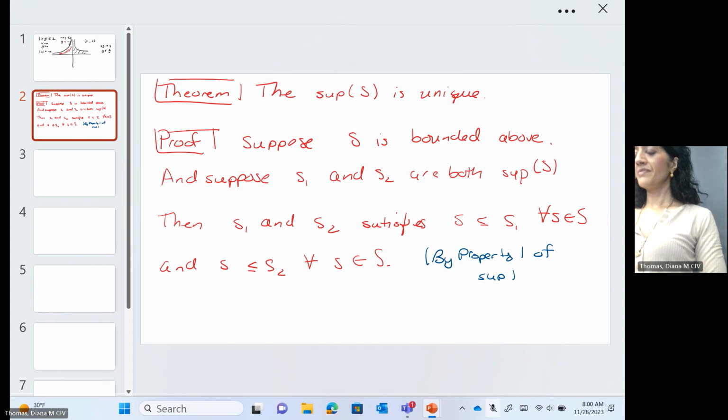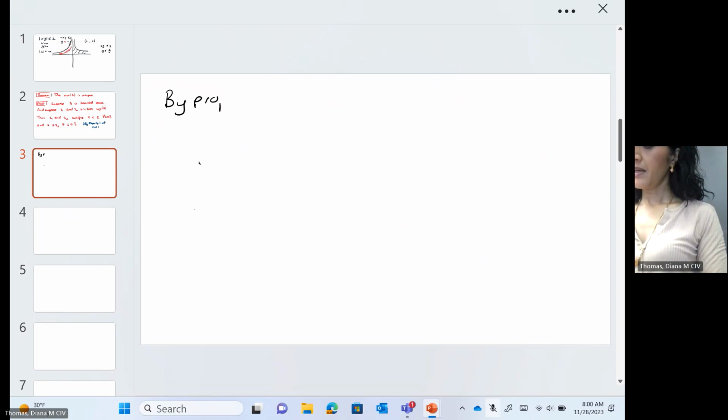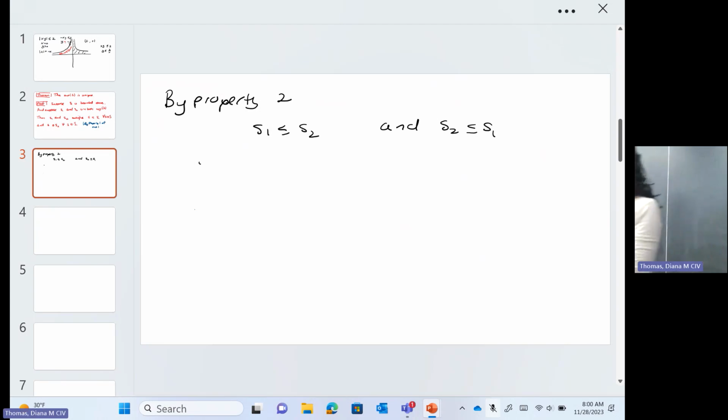Because they're both SUPs, if there is another upper bound, your upper bound has to be the smallest one for both of them. I'm going to label this 1 and label this 2.